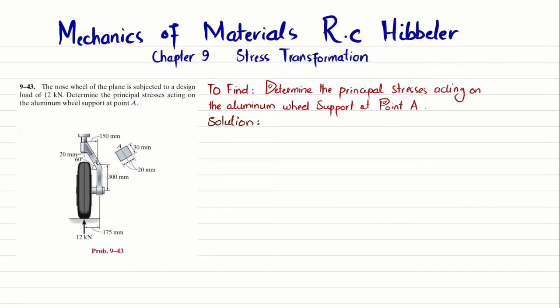So the first step is that if you cut this wheel at this portion and draw the free body diagram, I will first draw the free body diagram. Let this be the wheel, and this is the shaft of the wheel. Let me extend it. Okay, and then you have the wheel support that is like this. Clear?